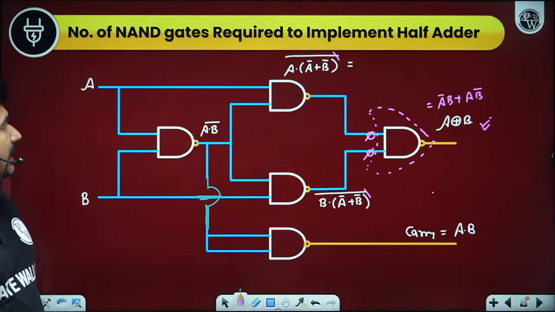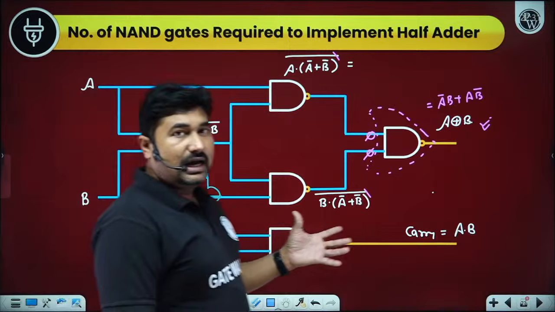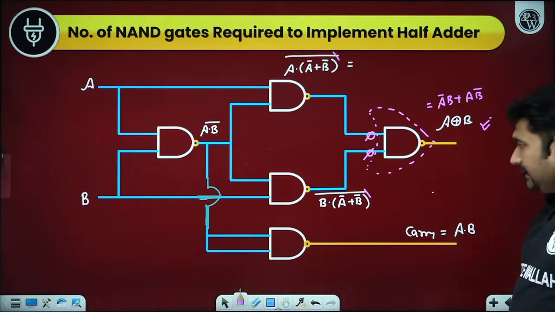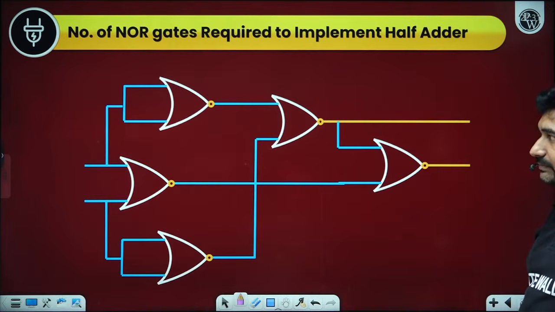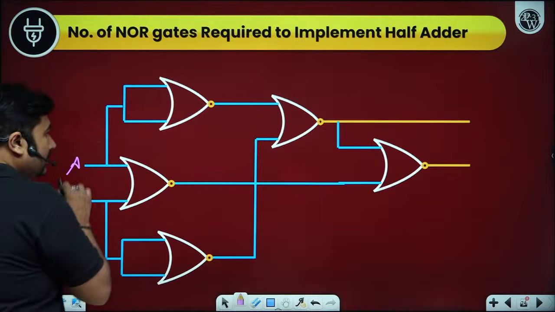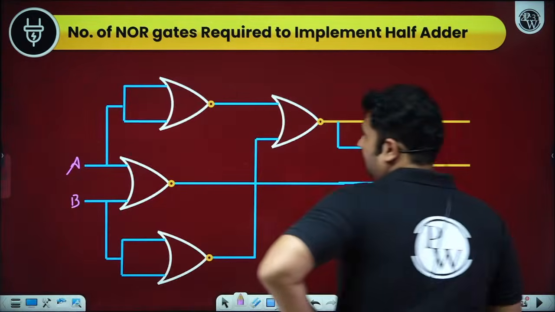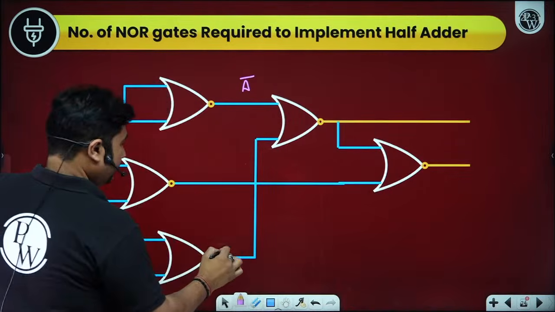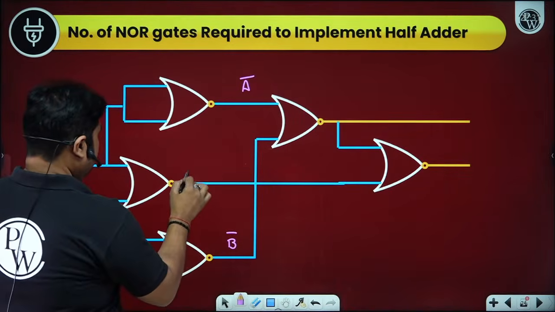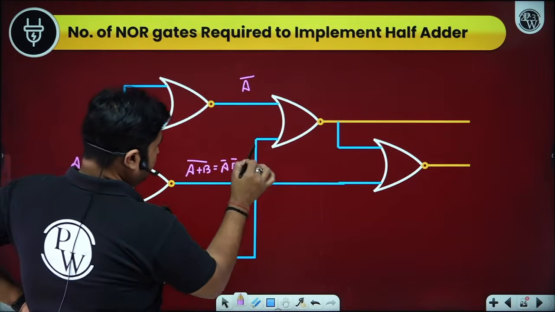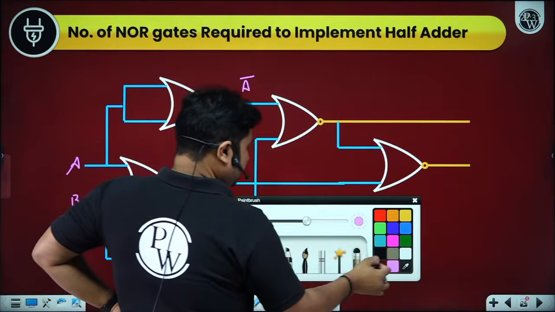So in this way, we can implement a half adder by using NAND gates only. In the same way for the NOR gate as well. So we have this A bar available, B bar, and here we have A plus B whole bar, which can be represented as A bar, B bar.